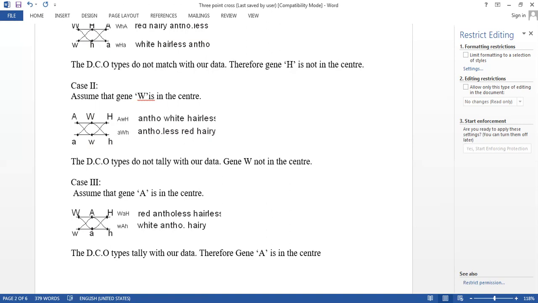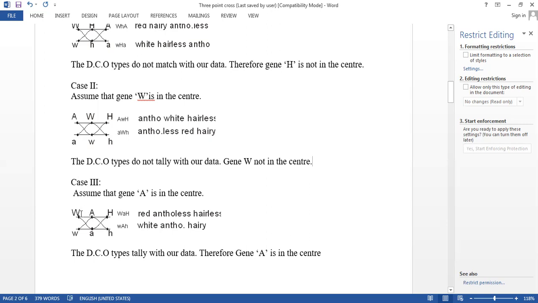Now, only one option is left out. And what is the option? See, here we saw that H is not in the center because it does not tally. W is also not. So what is the option left out? A. Assume that gene A is in the center.